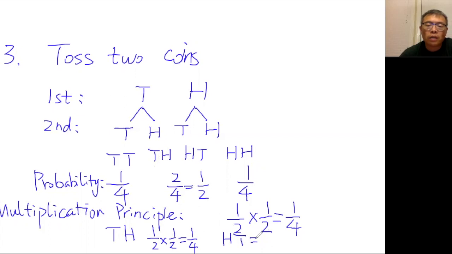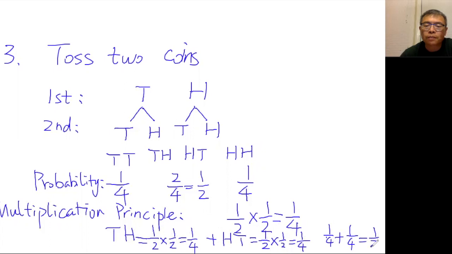Again, this is 1/2 probability times 1/2 probability, which is 1/4. Because these two both give you a tail and a head, you need to add these probabilities together. So 1/4 plus 1/4 is 1/2.